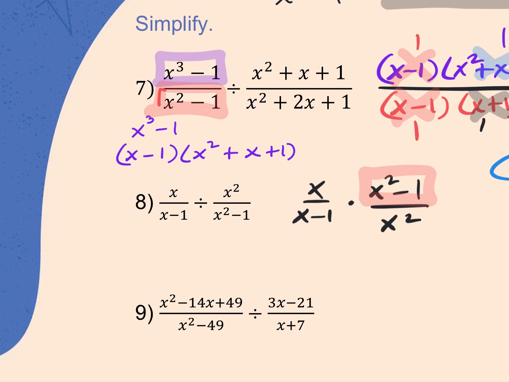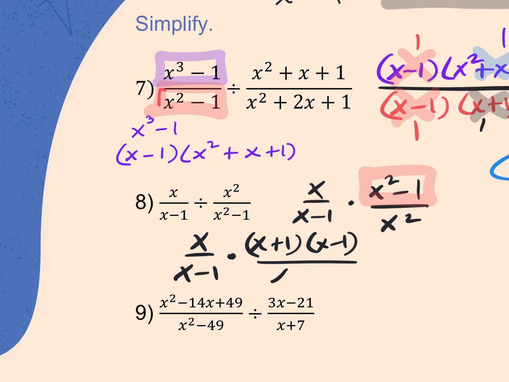So let me go ahead, and this one is okay. It stays the same. I'm going to factor the numerator into x plus 1, x minus 1, and then it still has the x squared in the bottom. Now, if it's easier for you to see that x squared is x times x, you can do that.